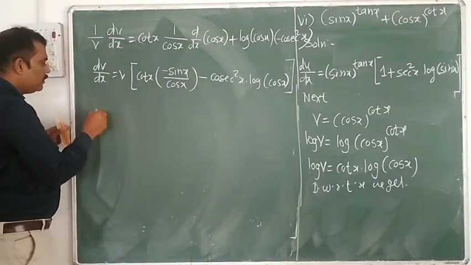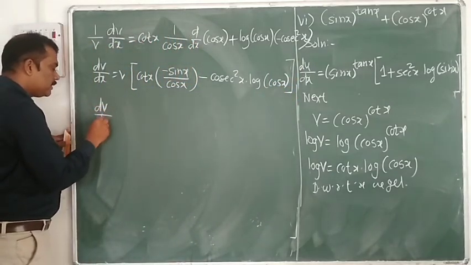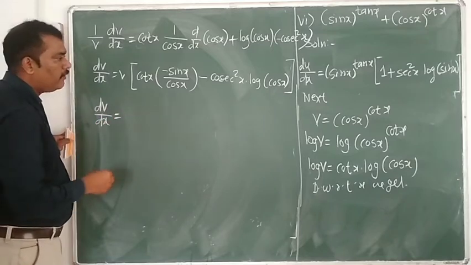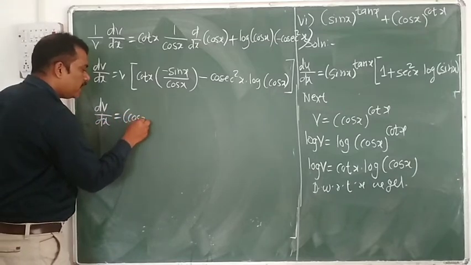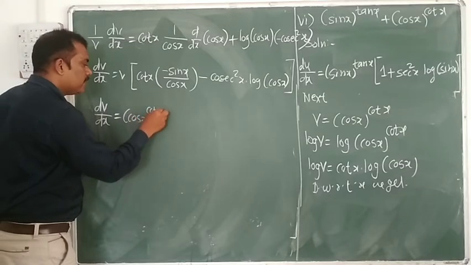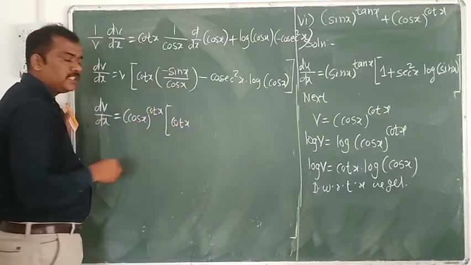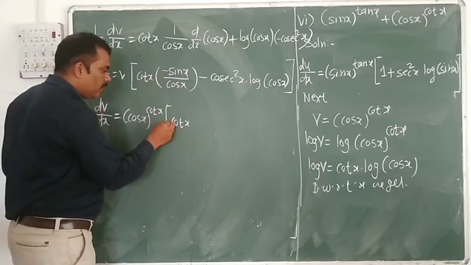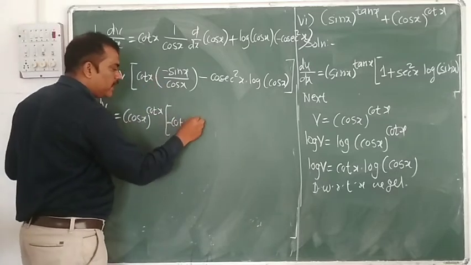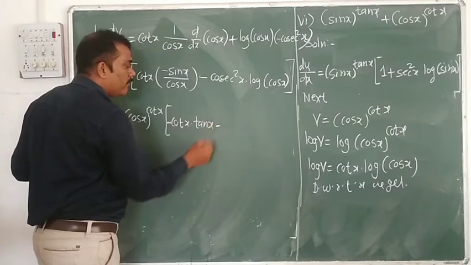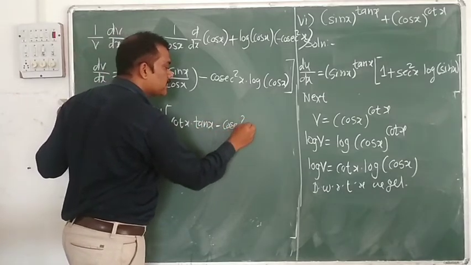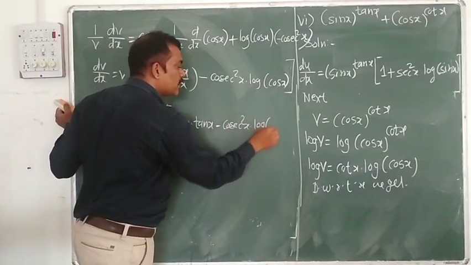Now we have to substitute the value of v. dv by dx is equal to cos x raised to cot x into cot x into sin upon cos, which is nothing but tan x, and this minus we write in the beginning, that is cot x into tan x minus cosec square x into log of cos x.